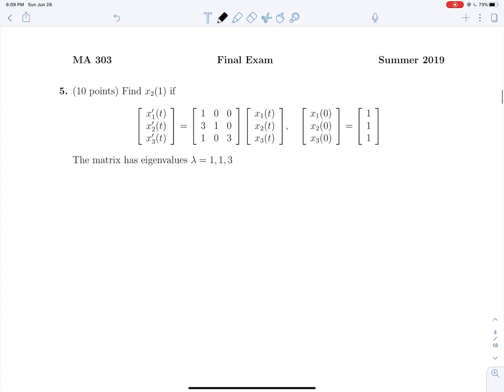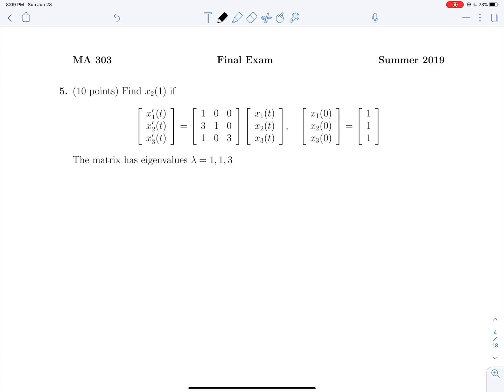Question 5. Let's find x2 evaluated at 1 if all of this is true. We're told that we have eigenvalues of 1, 1, and 3. And this is probably the only multiple eigenvalue question we're going to have to deal with for this whole exam, which is pretty nice.